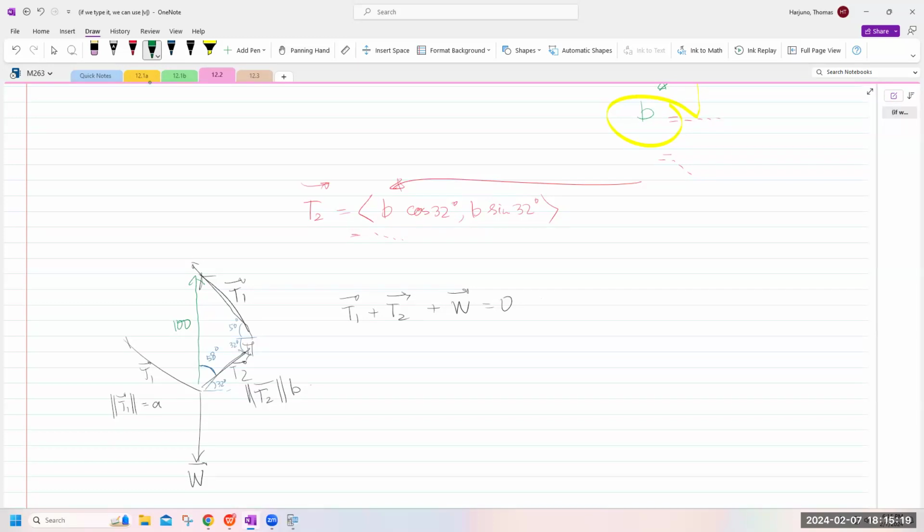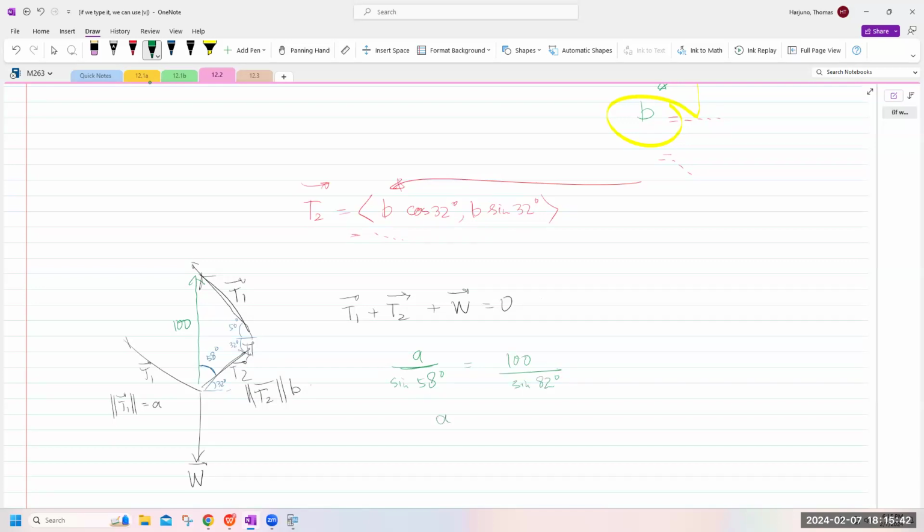Using the law of cosine, you can do that, or even the law of sine. For example, A over sine 58 degrees equals 100 over sine 82 degrees.